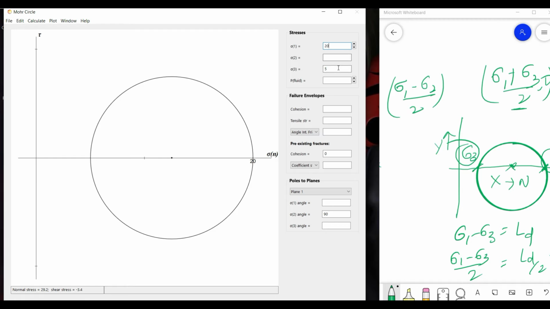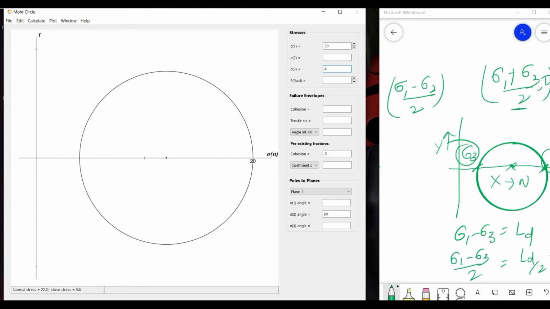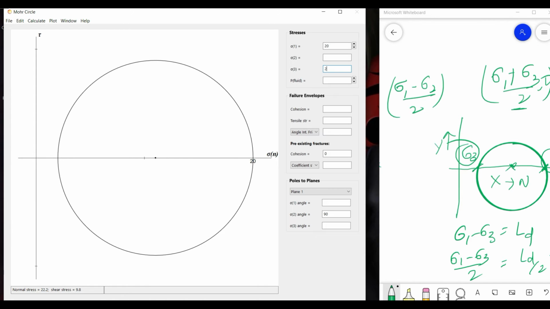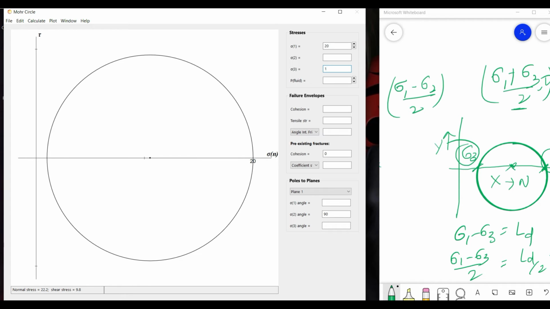Keeping the sigma 1 value constant, if we decrease the value of sigma 3, then we can also increase the size of the circle. Like if sigma 3 is equal to 4, now 3, this one is much bigger than the previous one, and now 2, this one is also bigger than the previous one, and 1, this one is the biggest of all of them.